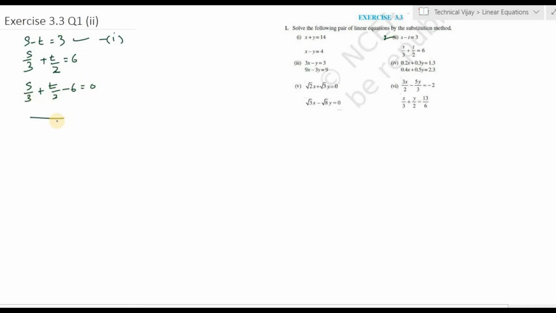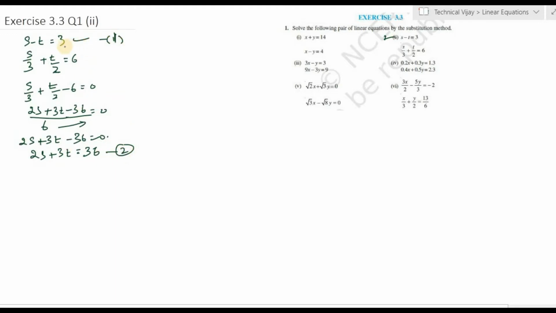Here the LCM of 3 and 2 will be 6, so 2s plus 3t minus 36 equal to 0. The 6 cross multiplied with 0 becomes 0. This we can write as 2s plus 3t equal to 36. This is the second equation. This is the first one, this is the second one.